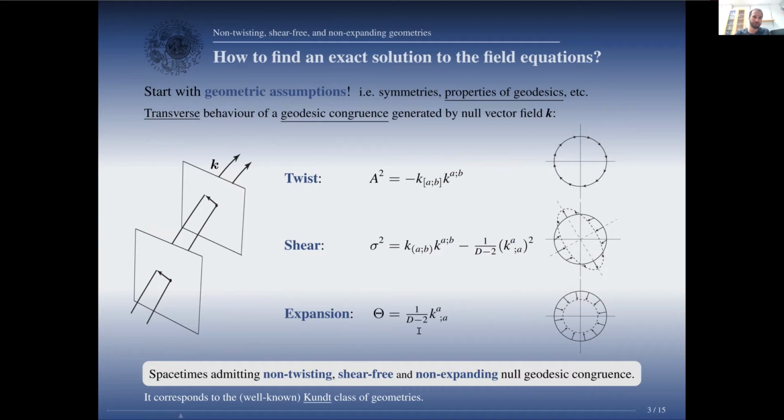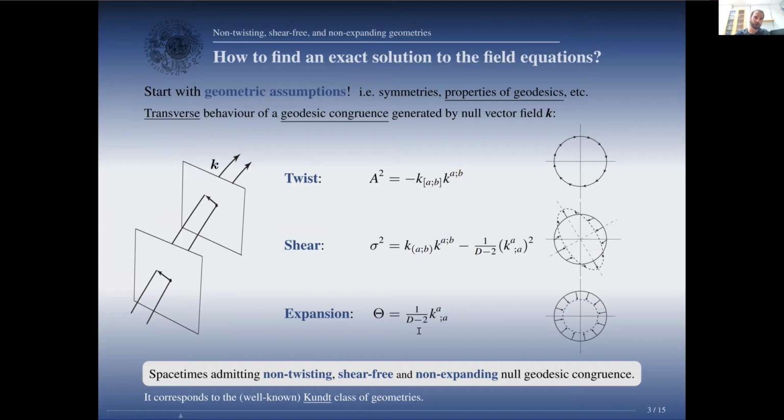Typically, in every theory, you have to start with some simplifying assumptions. For example, it's symmetries. You would like to find, I don't know, a spherically symmetric solution, or with some algebraic properties of the curvature tensor, of the Weyl tensor, some specific algebraic type, or you can start with specific properties of geodesics.